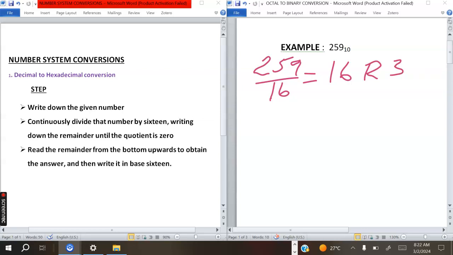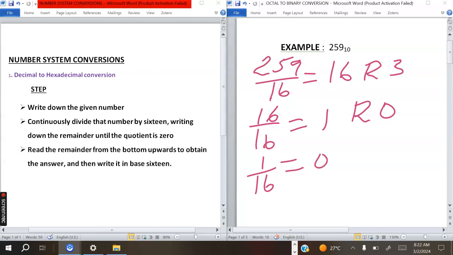Then you divide 16 by 16, which gives 1 remainder 0. And lastly, we have 1 divided by 16, which gives 0 remainder 1. The last step is to read the answer from the bottom upward.